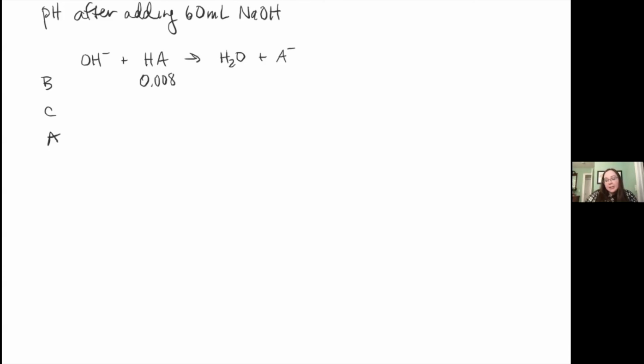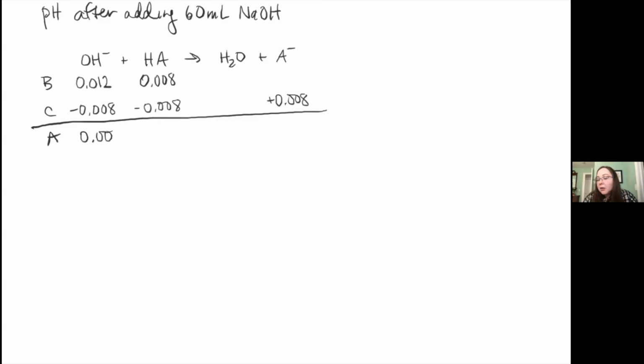And then we've got 60 milliliters of 0.2 molar NaOH that we've added, which is 0.012 moles. These will react completely as much as they can. So we get 0.008 moles reacting. And this is what we're left with at the end.